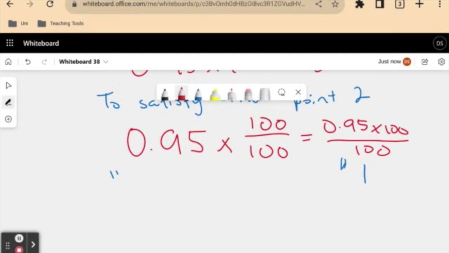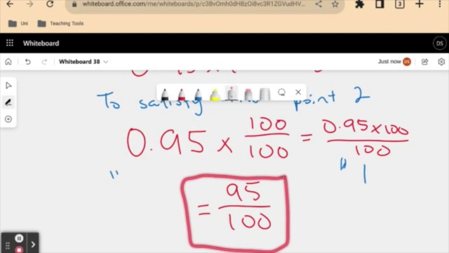And multiplying 0.95 by 100, you can use your calculator, but we can also see that every time we multiply by 10, we move our decimal point along. And because we're multiplying by 100, we'll be moving our decimal point along 2 places. So we will end up with 95 over 100. And check it out.